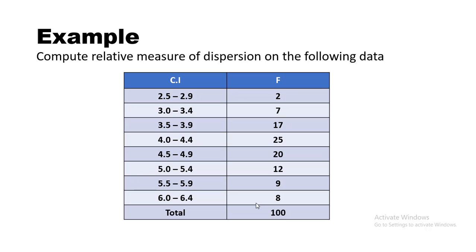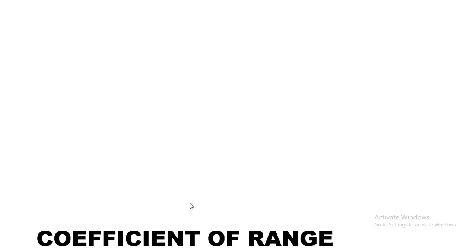I've already explained in my previous video how to find the range of a group frequency distribution. You look at the upper limit of the last class minus the lower limit of the first class. So this is the minimum value, and this is the maximum value of the group frequency distribution.